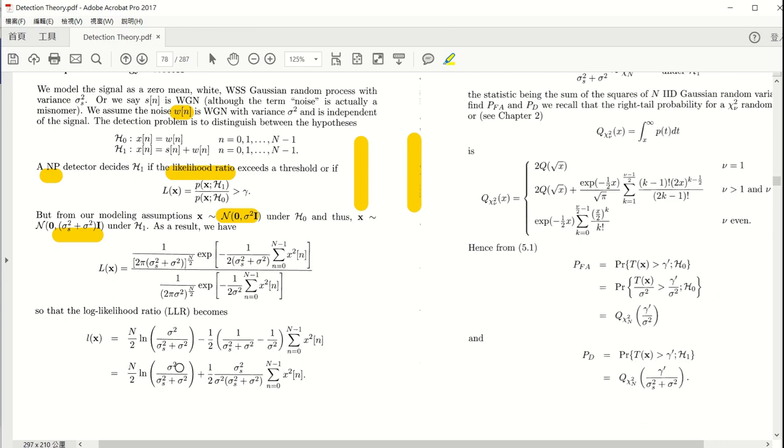N is known, sigma squared is known, and sigma s squared is known. As a result, this term does not matter. If we like to set a gamma, we can just put it at the right hand side. Then the gamma, you rename it as gamma prime, right?